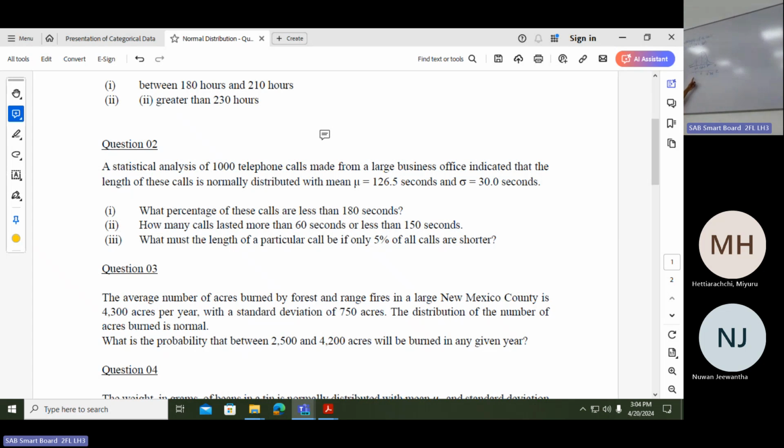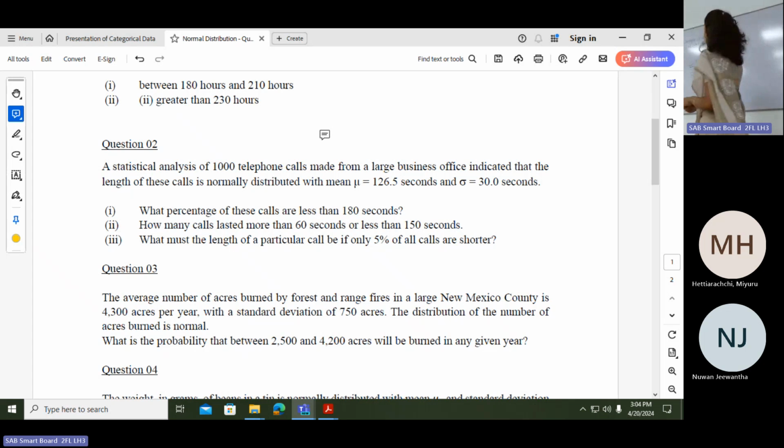And for 60 it is minus 2.21. Then looking at the table, we can directly get the two probability values, from 0 to each value, then add them together.